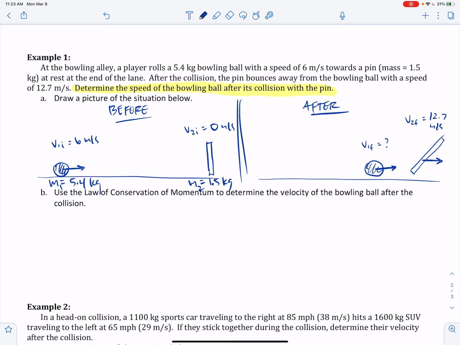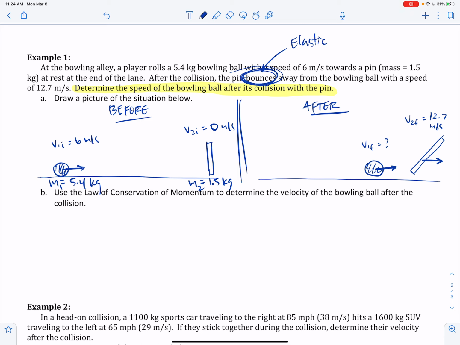First, if we want to solve this problem, we need to identify the type of collision. In this case, since the bowling ball is hitting the pin and the pin is bouncing, here's the key word, it's bouncing, then this must be an elastic collision.